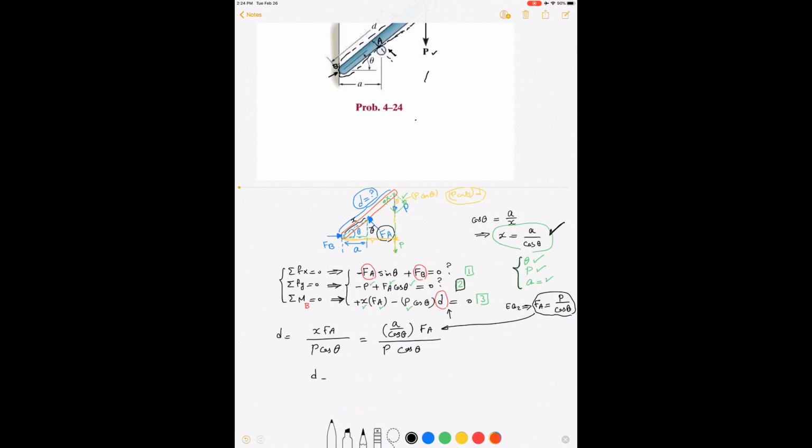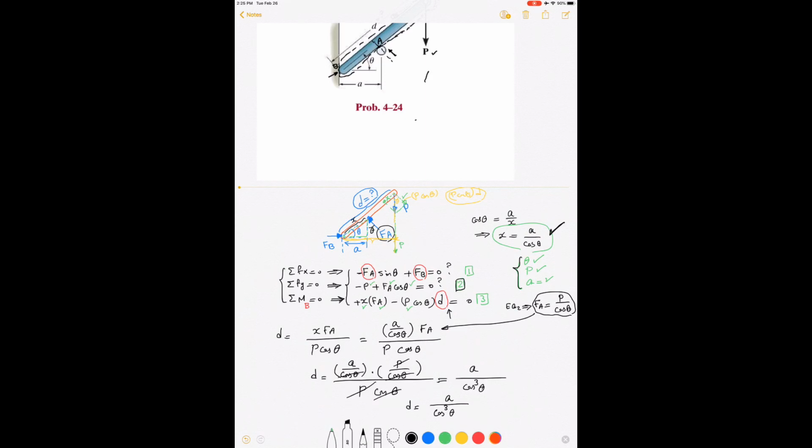So you get d is equal to a over cosine theta times FA, which is P over cosine theta, over P cosine theta. So the P cancels out with this P, and you get cosine theta times cosine theta times cosine theta, cosine theta to the third power. It's a cubic term.